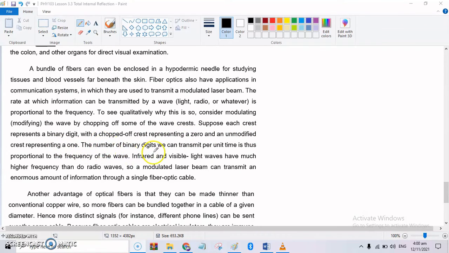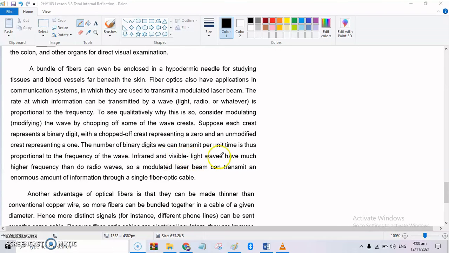The number of binary digits we can transmit per unit time is thus proportional to the frequency of the wave. Just like in this topic, we are talking about reflections of light. In the bundle of fibers, they are transmitting information, the 0 and 1 binary numbers.